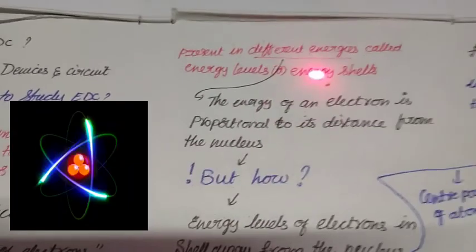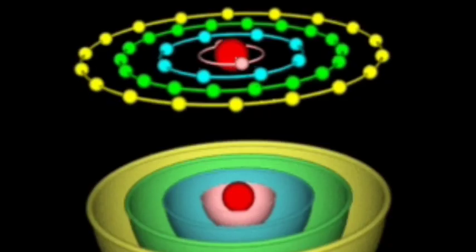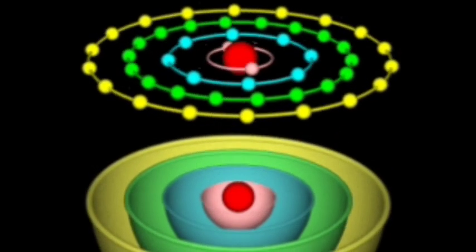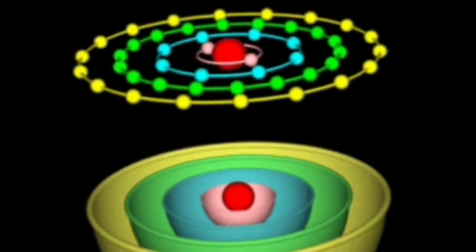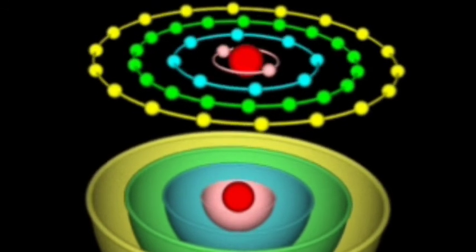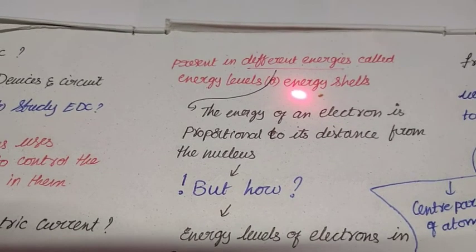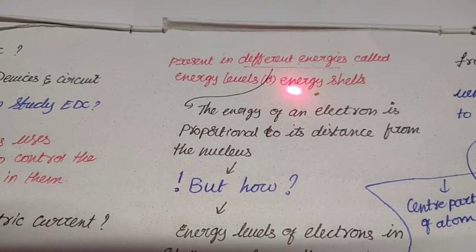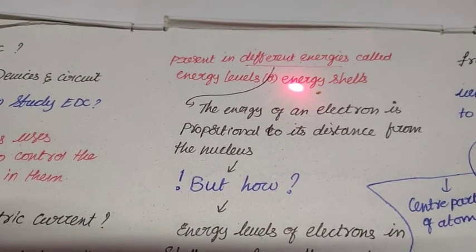That is, electrons present in different energies are called energy cells or energy levels. I said before that having less mass means moving. So if a person wishes to move, he moves. But an electron is not a person. It has no intellectual properties or intelligence to move. But what makes electrons move?